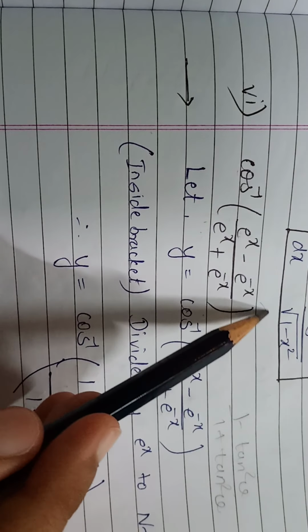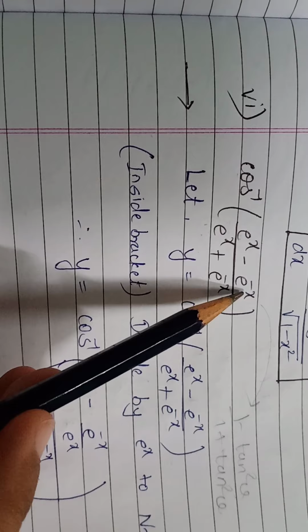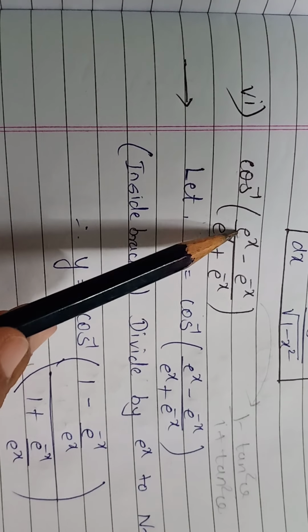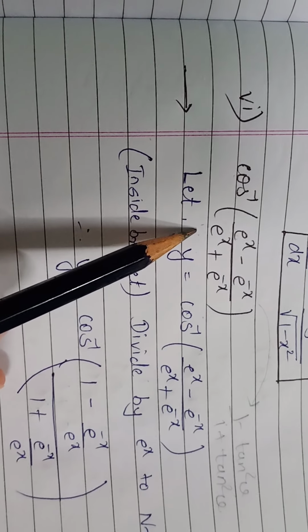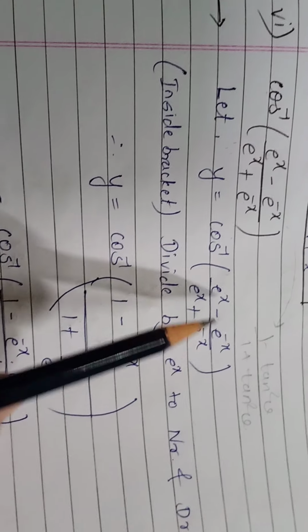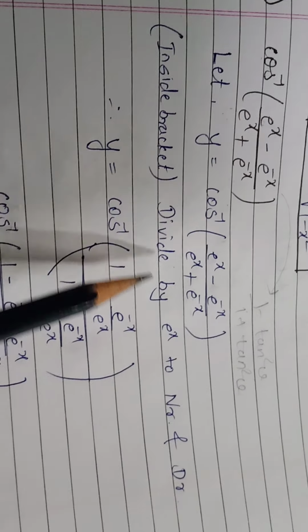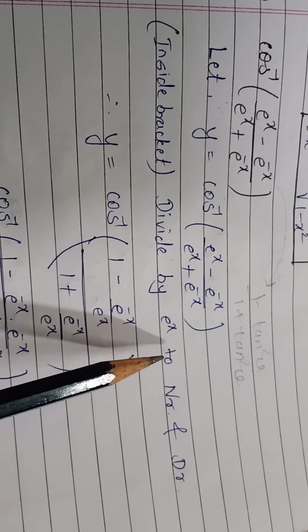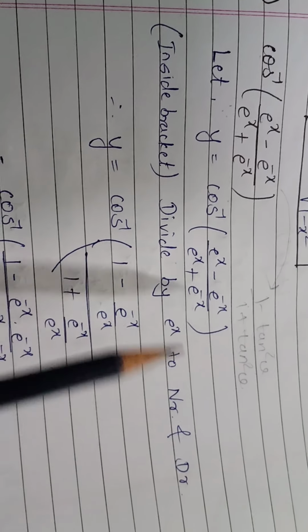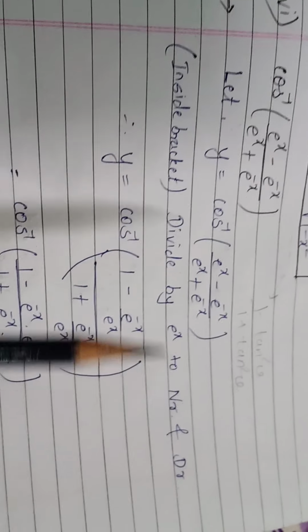So in order to convert this to this, we have to first make this e raised to x as 1. So first consider it as y. Now inside the bracket, of course, divide numerator and denominator by e raised to x.